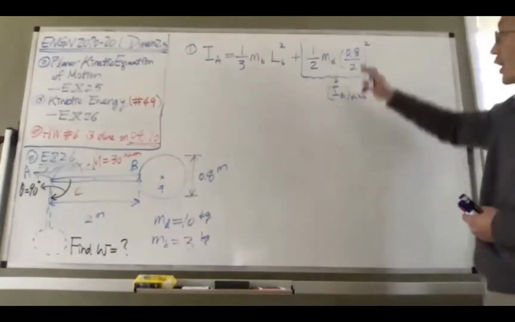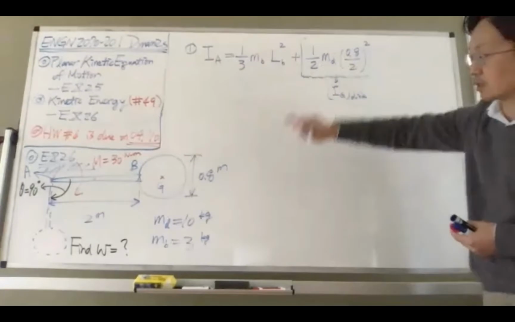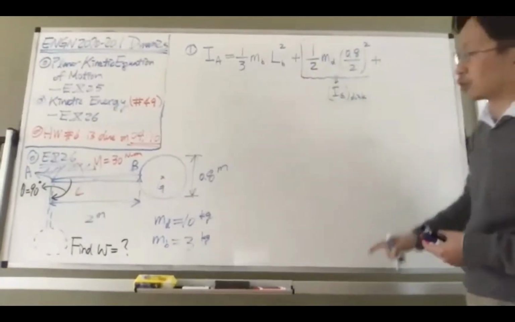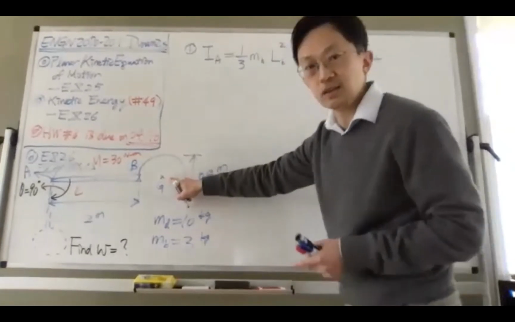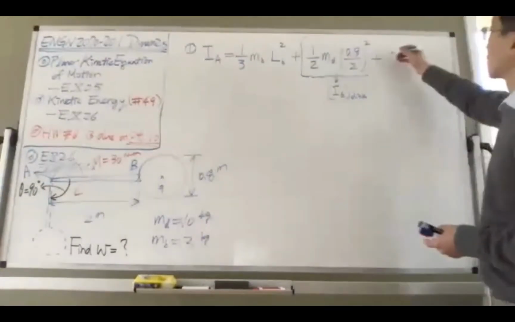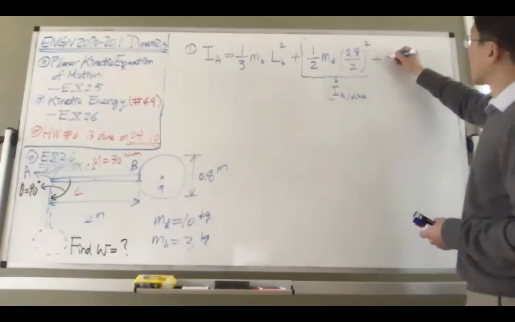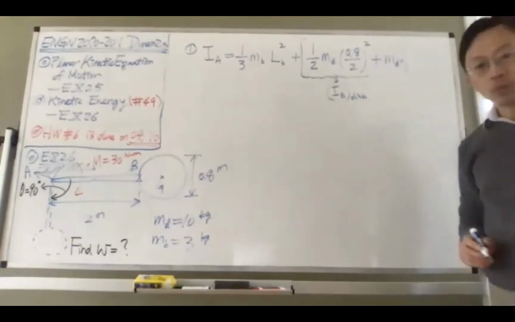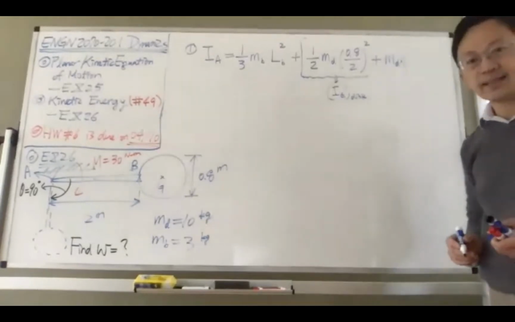And then you have to project it. The mass of the disk, of course, we know it is 10 kilograms. You have to project it from the center of gravity to the center of rotation. So this will be the second term. That is m_d times d squared. And what is the distance here?